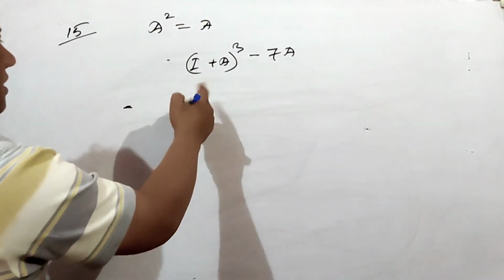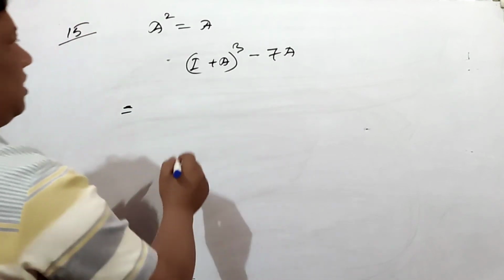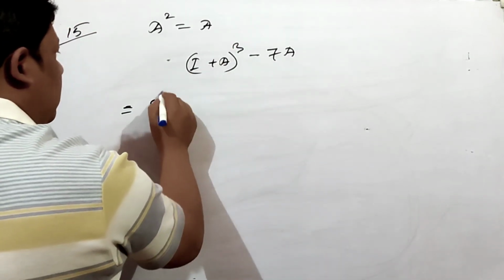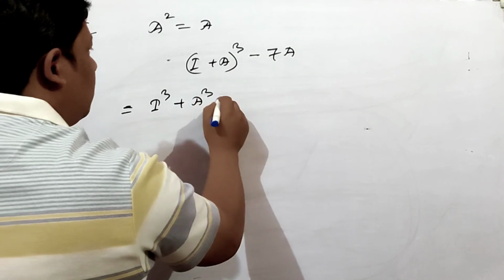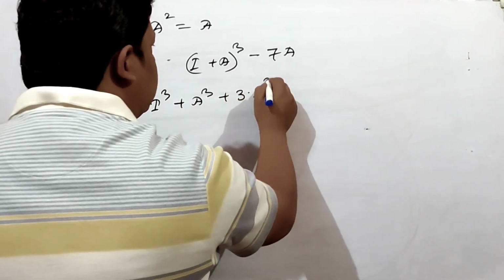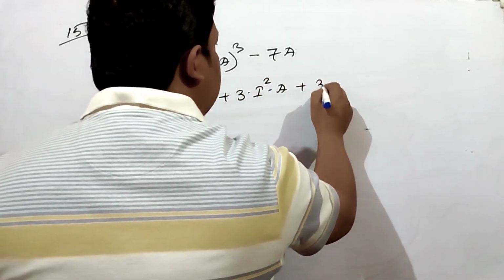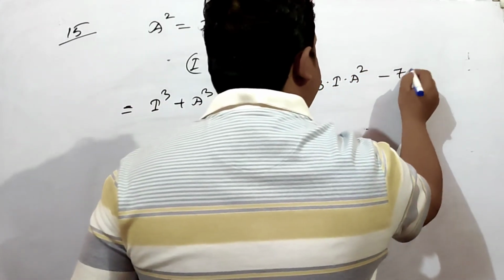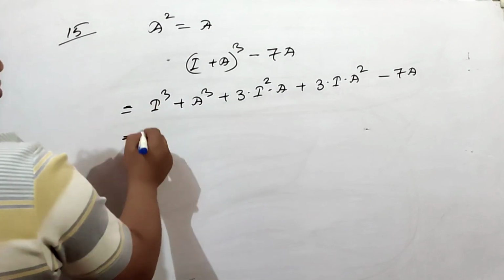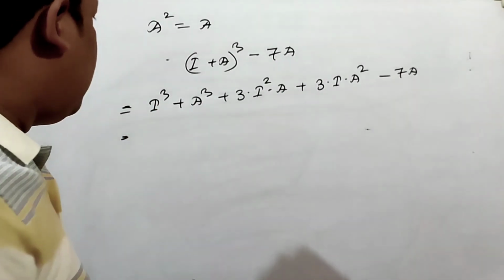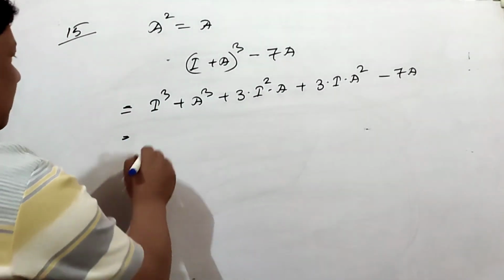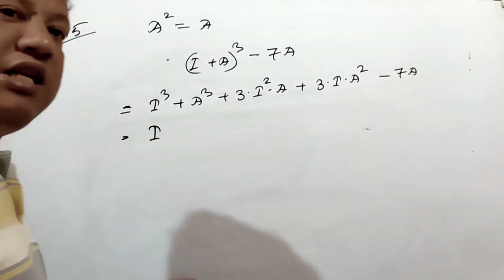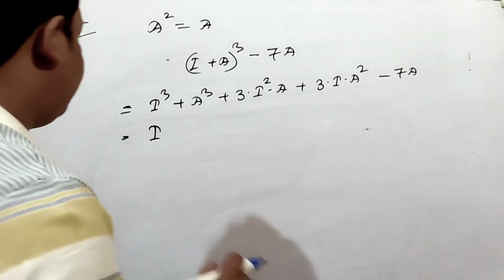So I expand using the identity (a plus b) whole cube: a cube plus b cube plus 3a square b plus 3a b square, minus 7A. So I cube means I, and I to any power is always the identity matrix.